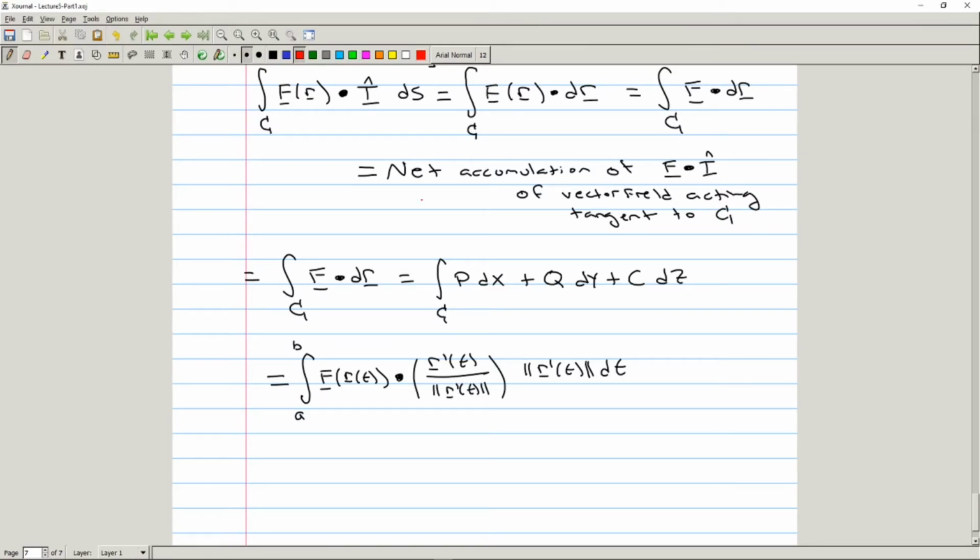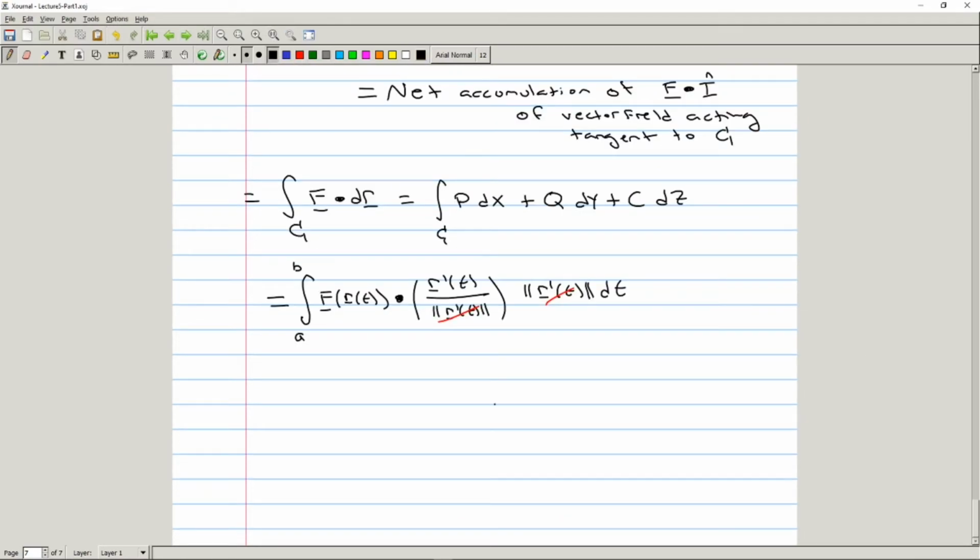And you see what a magic cancellation here. So we're seeing that to evaluate any line integral, all it takes is to take F at r of t, take the dot product with r prime of t, whatever that is, and just integrate that dot product with respect to t.